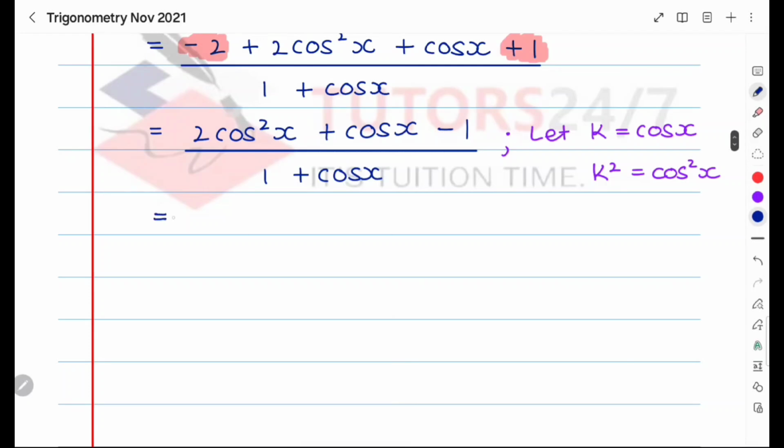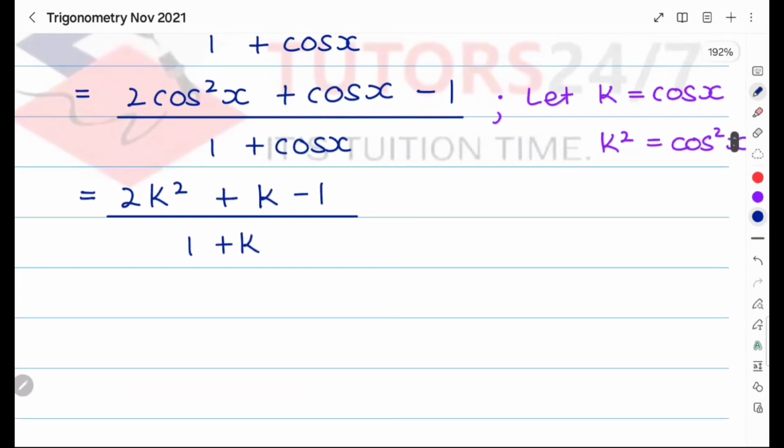So that is then going to become 2k squared plus k minus 1 all over 1 plus k. So we've turned it into something that we are more used to, something with just variables instead of our trig ratios. From here, we can factorize the top trinomial.